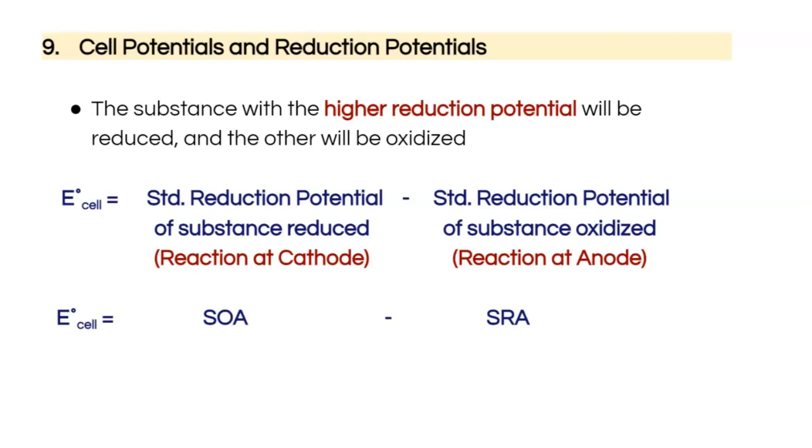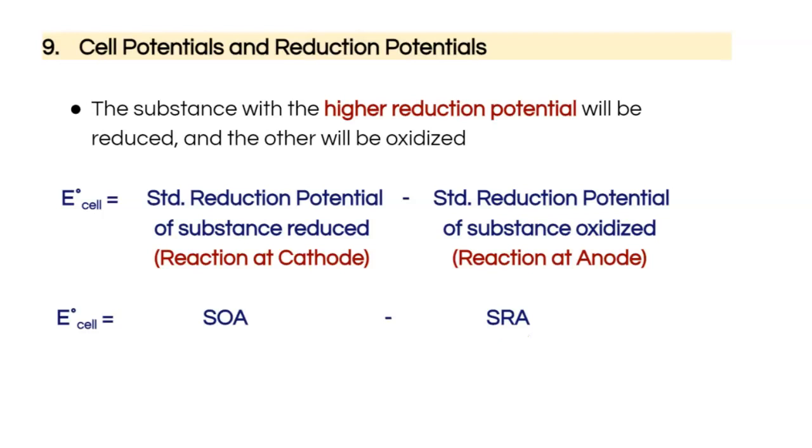Now, I want us to remember that the strongest oxidizing agent is the substance that is being reduced, right? And the substance that is being oxidized is going to be our reducing agent, right?